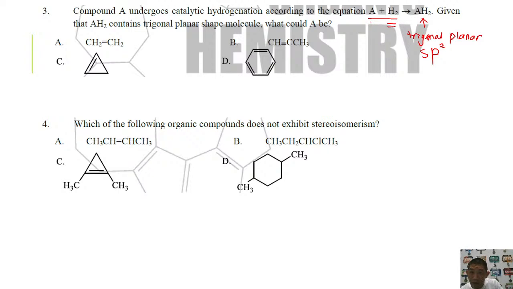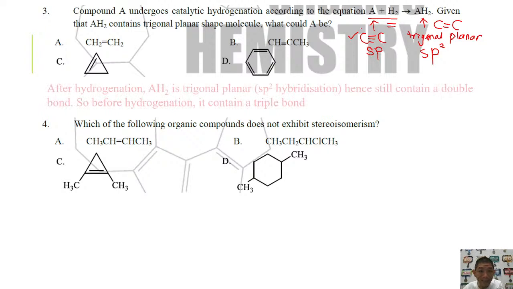So after hydrogenation you have sp2, so originally it will come from an sp molecule. sp is usually for a triple bond, while trigonal planar sp2 is for a double bond. So before becoming trigonal planar, it is suggested that A can have a triple bond.